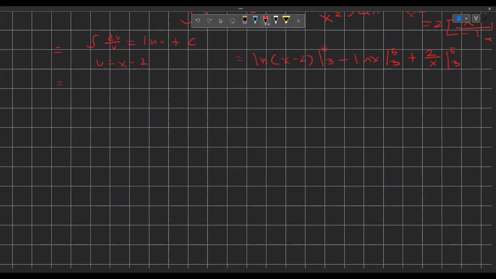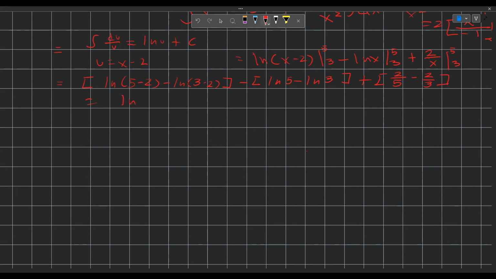So this one will become ln of 5 minus 2 minus ln of 3 minus 1, or 3 minus 2, minus ln of 5 minus ln of 3, plus 2 over 5 minus 2 over 3.